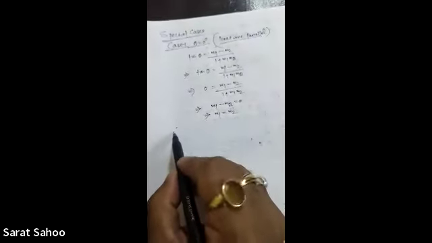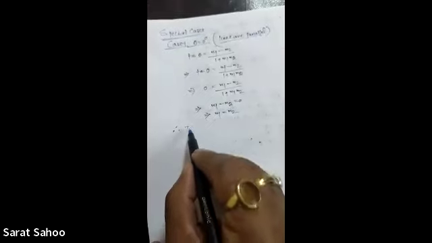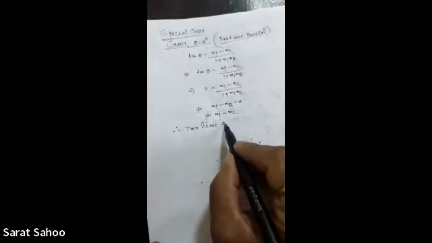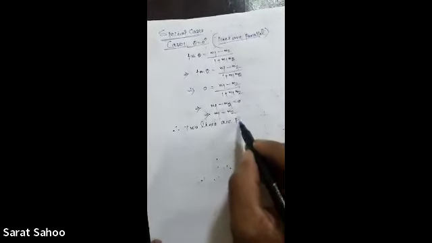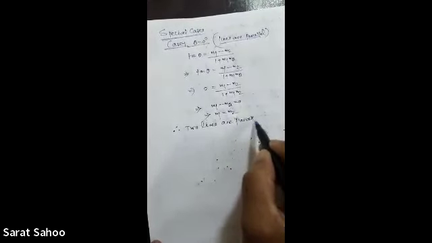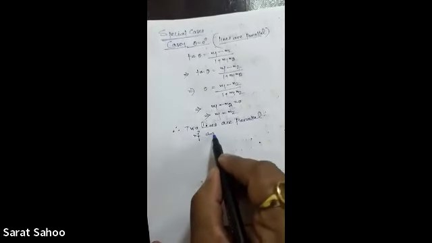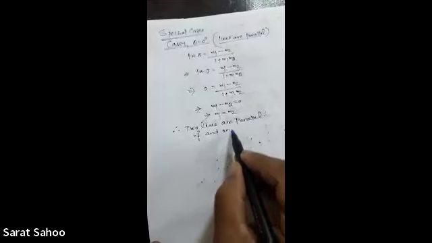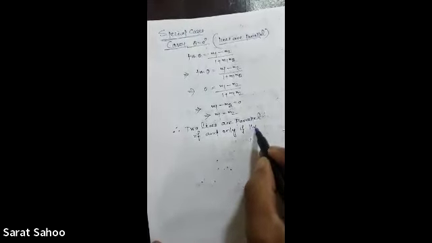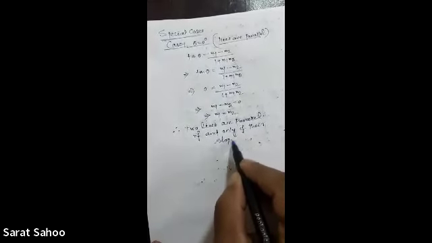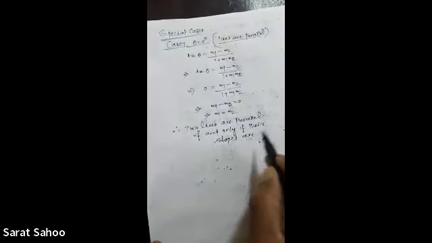Thus two lines are parallel if and only if their slopes are equal.